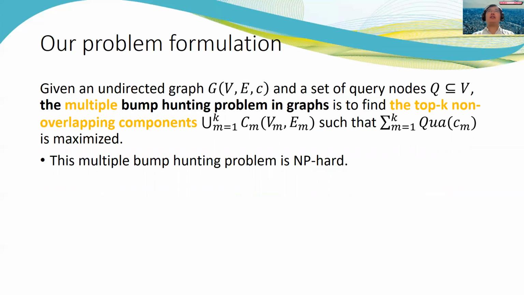Given an undirected graph G and a set of query nodes Q, the multiple bump hunting problem in graphs is to find the top k non-overlapping components. That is to say, the top k non-overlapping bumps, such that the total quality of these bumps is maximized. This multiple bump hunting problem is NP-hard.